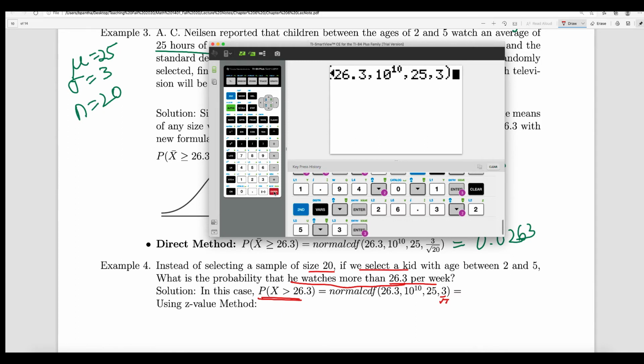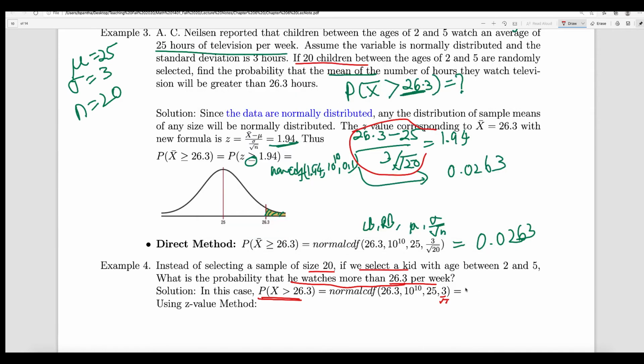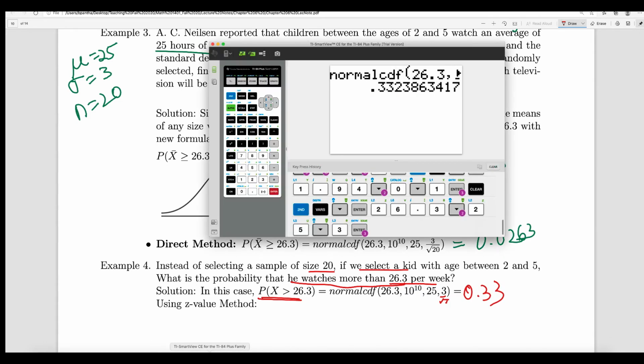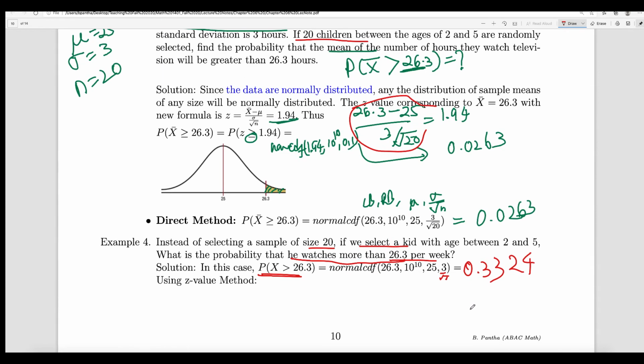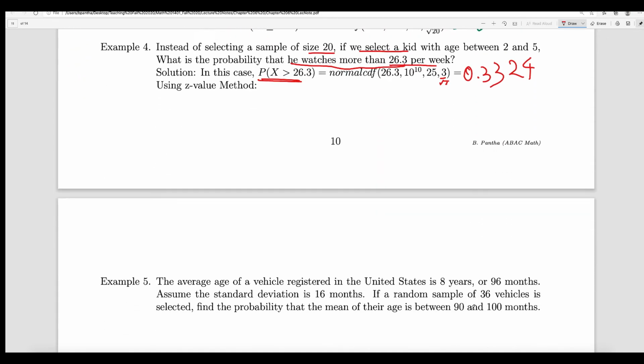So what is the probability you get? Instead of selecting 20 people and finding the probability for the mean, we are doing just one person. So it is 0.33, 0.3324. That's what you get. So when you select 1, then you have n equals 1, and it is just like 6.2 in that case.